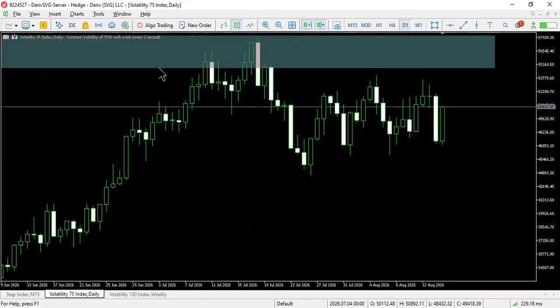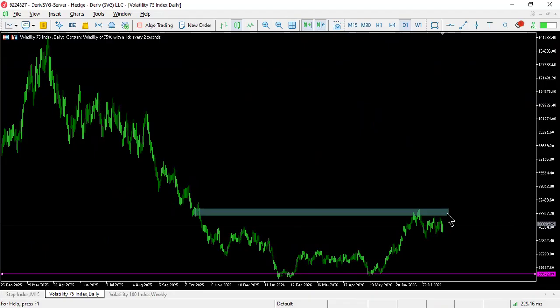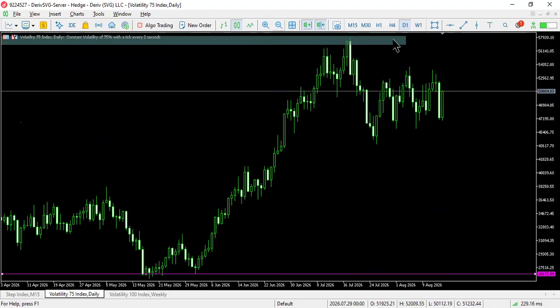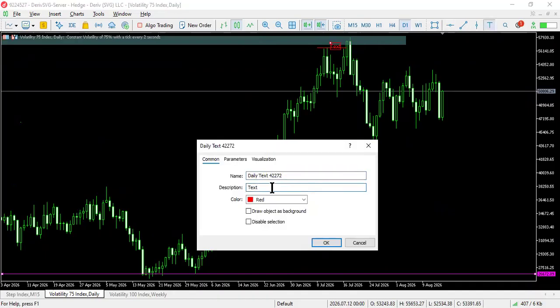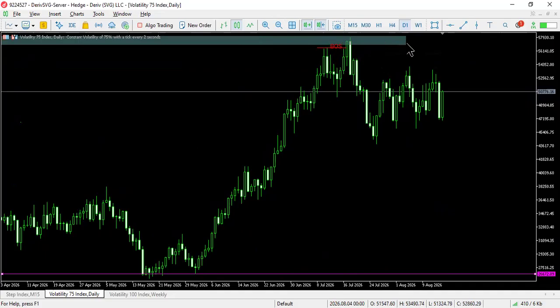Heading over to the daily time frame. From the daily time frame, we have that break of structure, which was the last break of structure to the upside before price stepped into that key level, which is the supply.